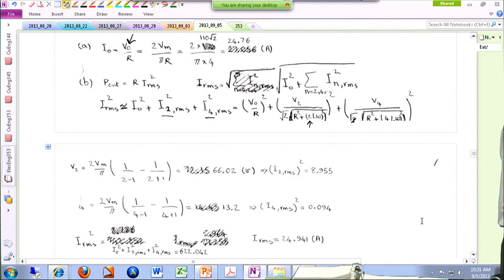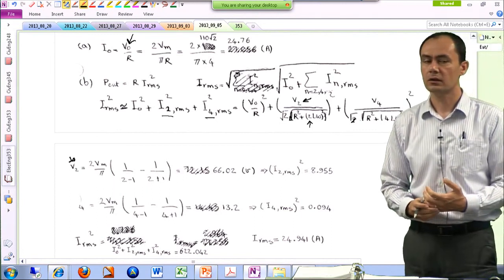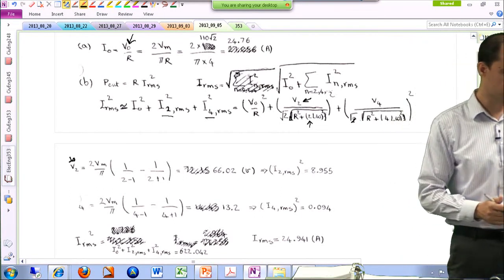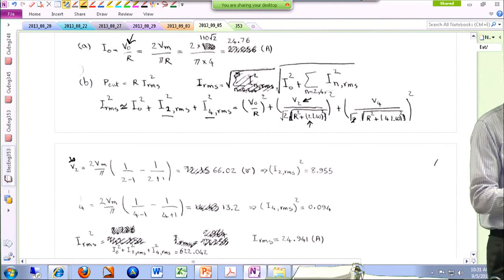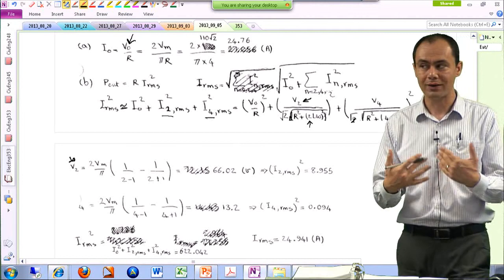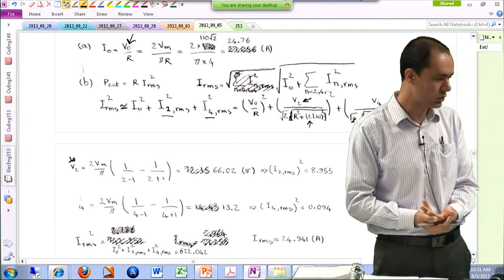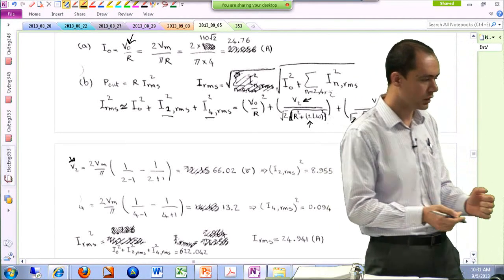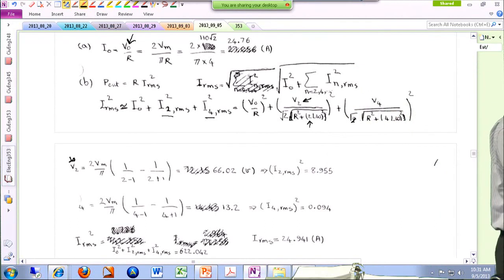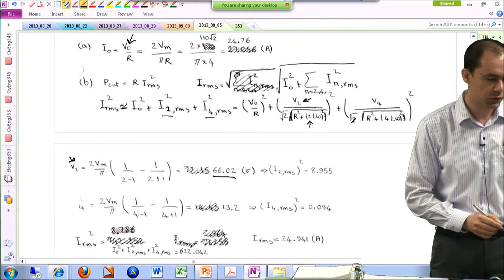If I'm trying to find V2 that I need in this equation, based on that expression, V2 is basically the amplitude of the second harmonic in the output voltage. So I just have to replace n with 2. That's 2 Vm over pi, times 1 over n minus 1, where n is 2, minus 1 over n plus 1. This turns out to be 66 volts.